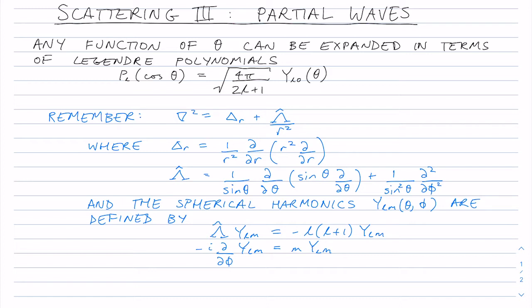And so we're going to choose only the m equals 0 YL0 solutions, and they're the ones that we can express in terms of the Legendre polynomials. And so we're a bit familiar by now with these spherical harmonics, and I just wanted to point out that the Legendre polynomials can be expressed in terms of the YL0 spherical harmonics.